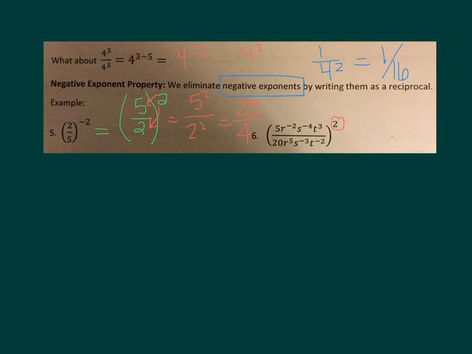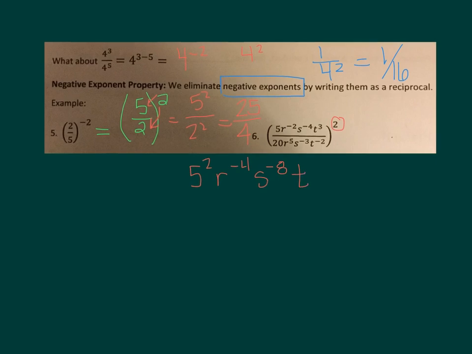Okay, so this becomes 5 squared. And then let's see, I distribute this by multiplying the exponents. Negative 2 times 2 is r to the negative 4. S to the negative 4 times 2 is s to the negative 8. T to the 3 times 2 is t to the 6th.